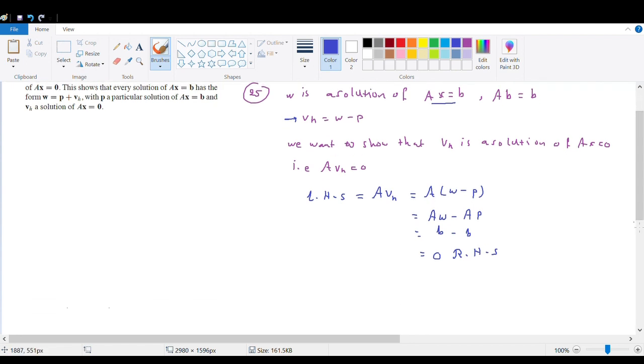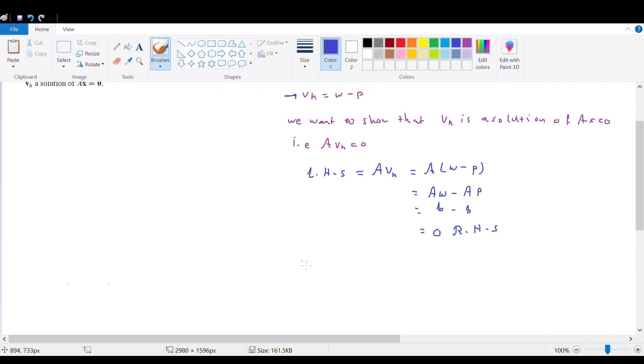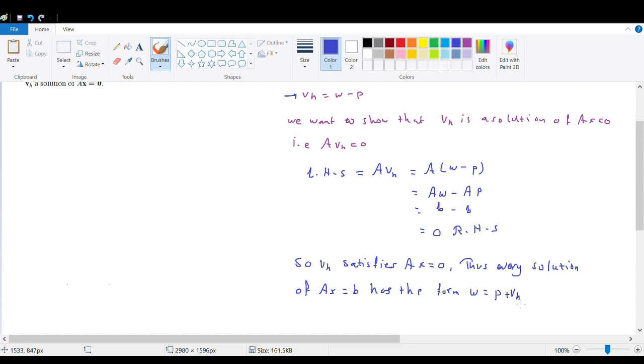Thus every solution of Ax = b has the form w = p + vh.